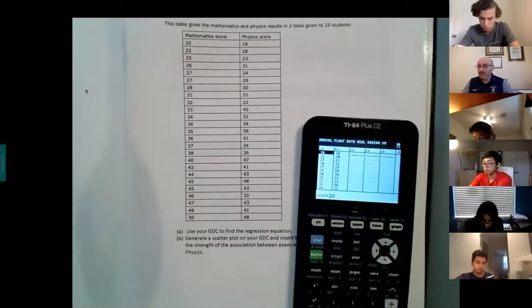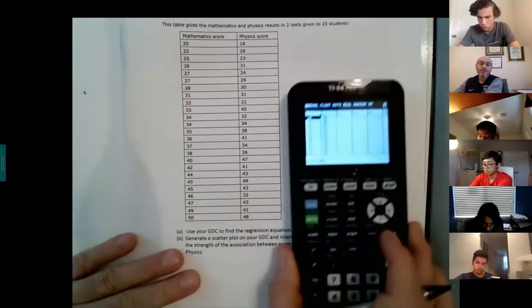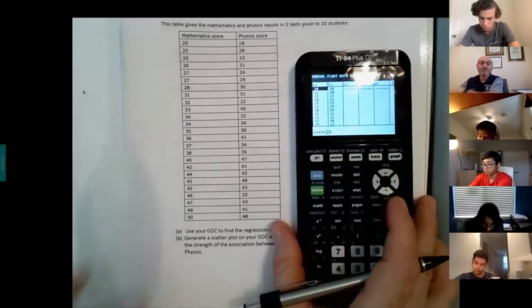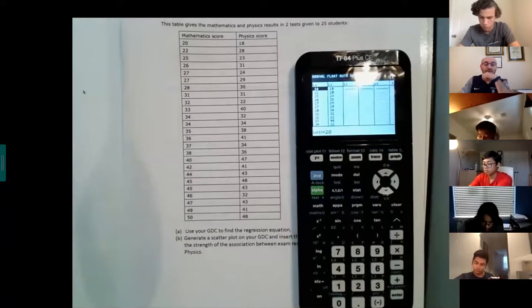And it says that we're going to enter that data and we're going to use the calculator to find the regression equation. So before we do that, I am going actually to graph the scattered plot. Okay.